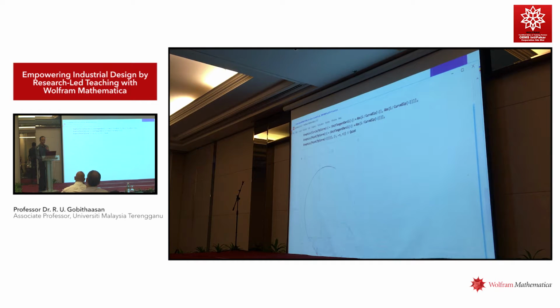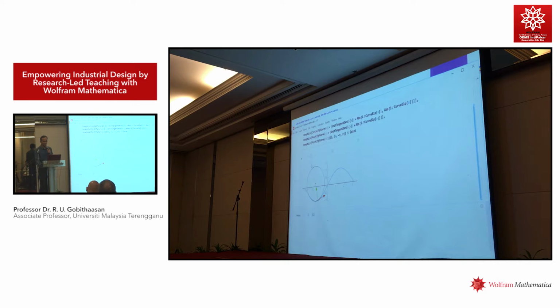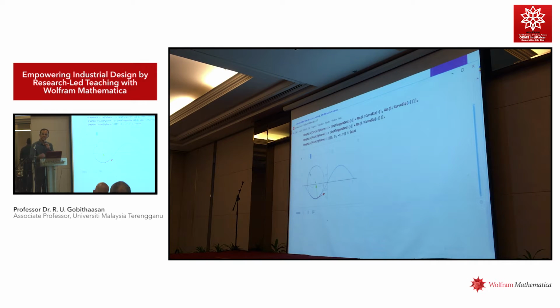Okay, as I drag, as you can see, there's a circle moving along the curve. There's a red arrow and also a green arrow. The green arrow is the normal, the red arrow is the tangent. And the circle is actually an osculating circle, and the radius of the circle is 1 over the curvature value.